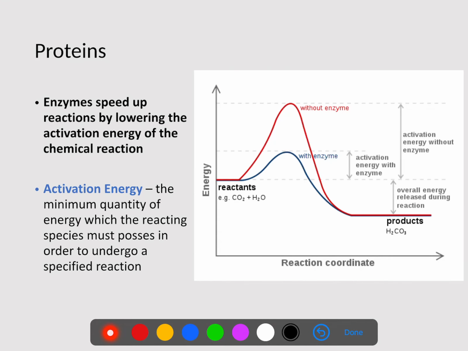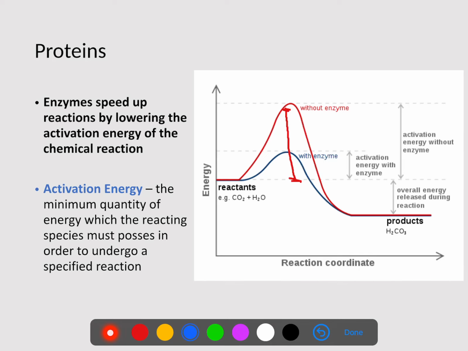So enzymes speed up reactions by lowering what's known as the activation energy. So activation energy is the minimum quantity of energy which the reacting species must possess in order to undergo a specified reaction. In other words, it's the energy needed to start a chemical reaction. So without an enzyme, you'll notice that there is a much larger activation energy.